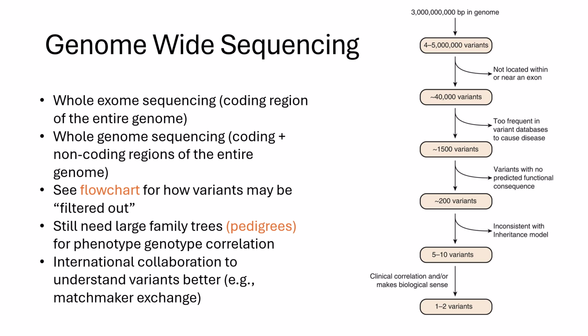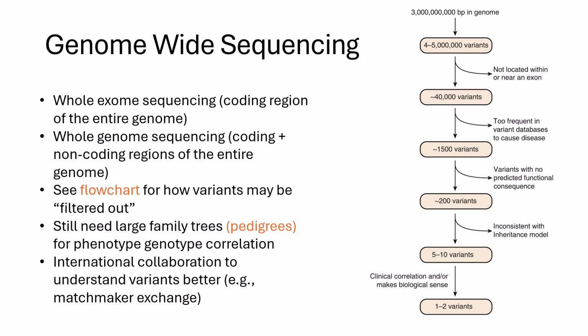Even though this flowchart makes it look quite easy, it's not as easy as that to discover genes using whole exome or genome sequencing. We will still need large family trees, and we might still need to combine linkage analysis with the genome-wide sequencing in order to verify. It's also useful to do international collaboration to understand variants better.